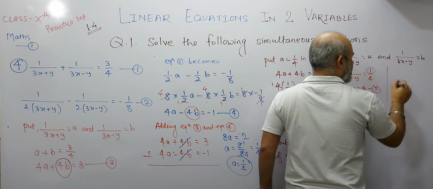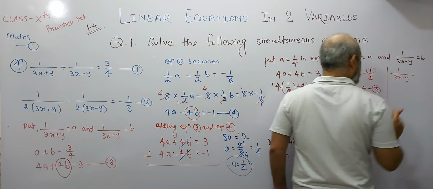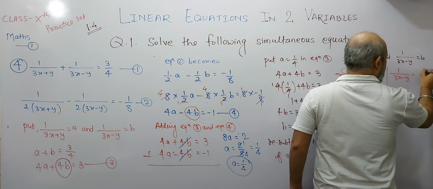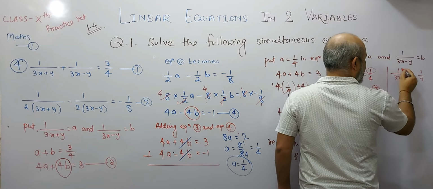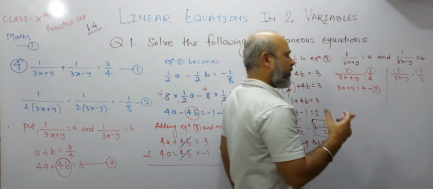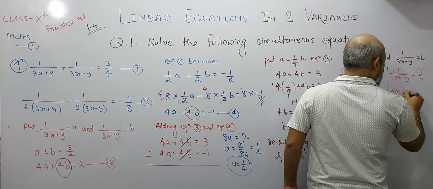Similarly, we will solve this. 1 upon 3x minus y is equal to b, which is 1 by 2. Again the numerator is the same on both sides, so the denominator will also be equal. So 3x minus y is equal to 2.